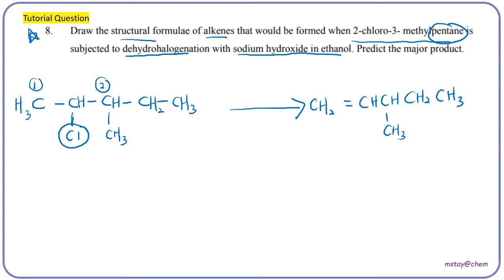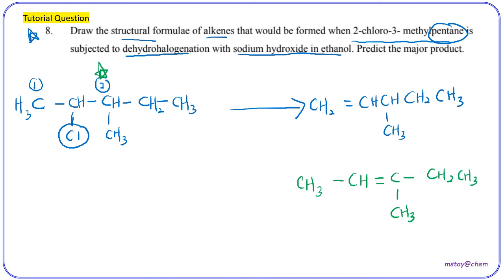If the hydrogen is removed from the carbon at the right hand side here, then the product will be CH3, CH, double bond, C, with CH3 at the bottom, and then the right hand side here is CH2, CH3.